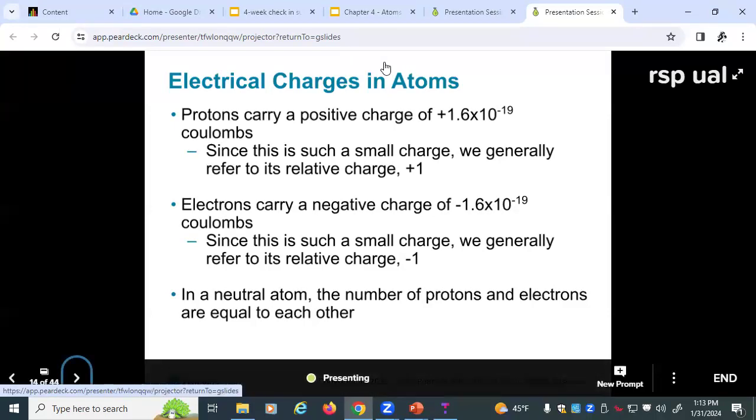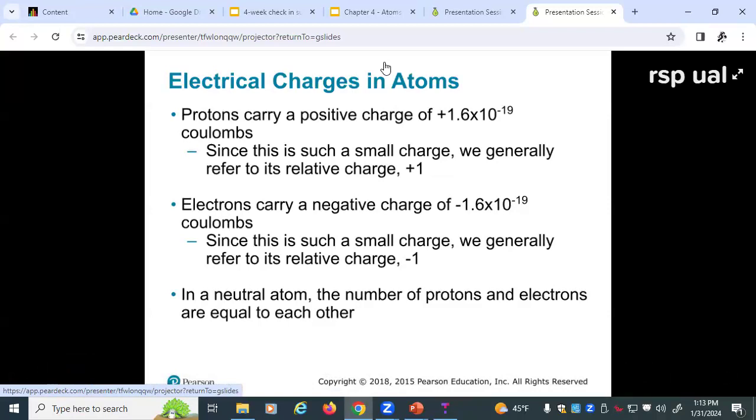So that unit, 1.6 times 10 to the negative 19th, we're going to call that a single charge inside of the atom. And if it's a proton, we know that that charge is positively charged. So we say that the charge on a proton is +1. And for electrons, we know that that charge is the same exact value, but of a negative quality. So we say that it has a -1 charge. And so long as we have equal numbers of protons and electrons inside of our atom, we call that atom neutral.